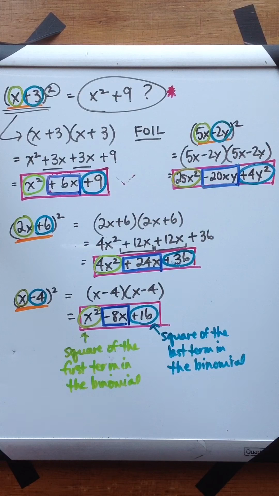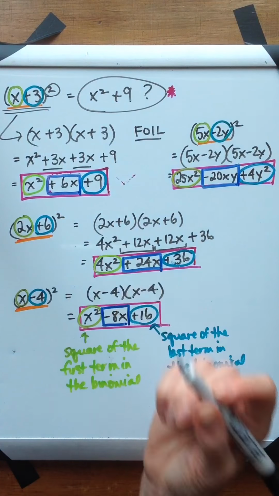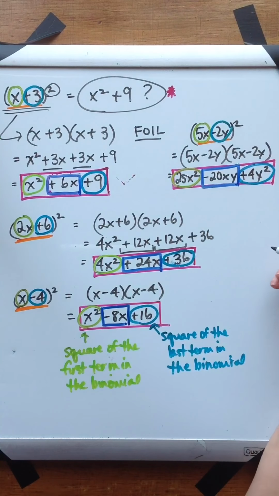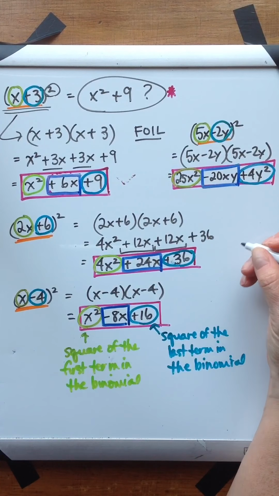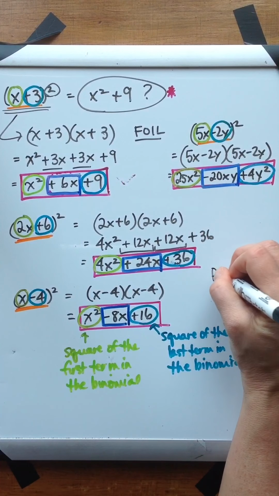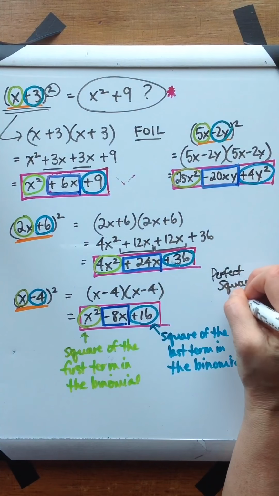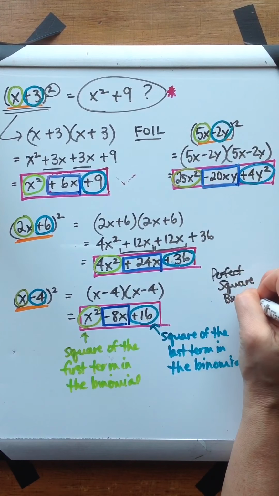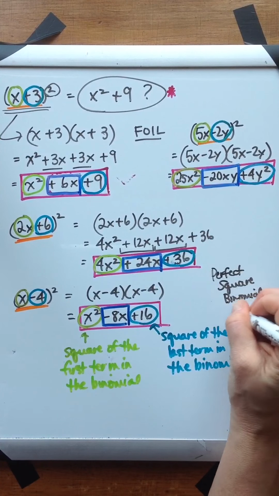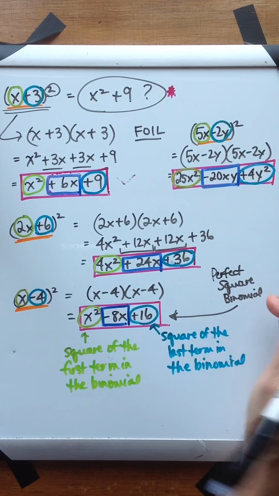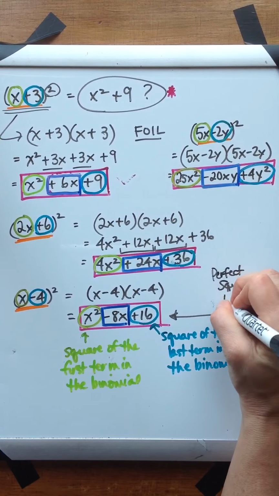So what we do is we call this scenario, when you multiply a binomial times itself, a perfect square binomial. Because what it does is it gives us something called a perfect square trinomial answer.